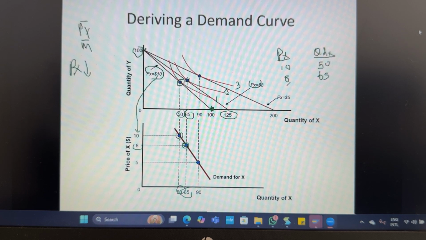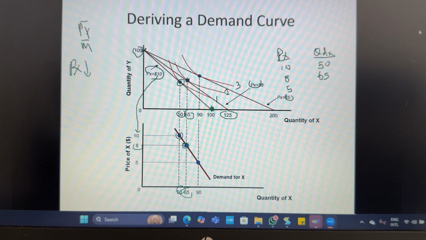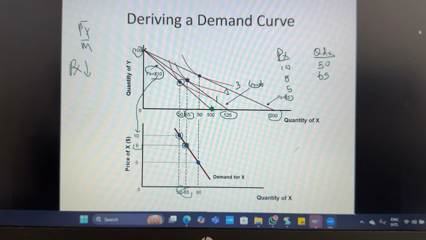Suppose the price of X declined further to 5. That way you can purchase a maximum of 200. If the price declined further to 5, you would purchase 90 at this new equilibrium point, which is on the highest indifference curve. So 90 and the price you can transfer to the bottom graph.